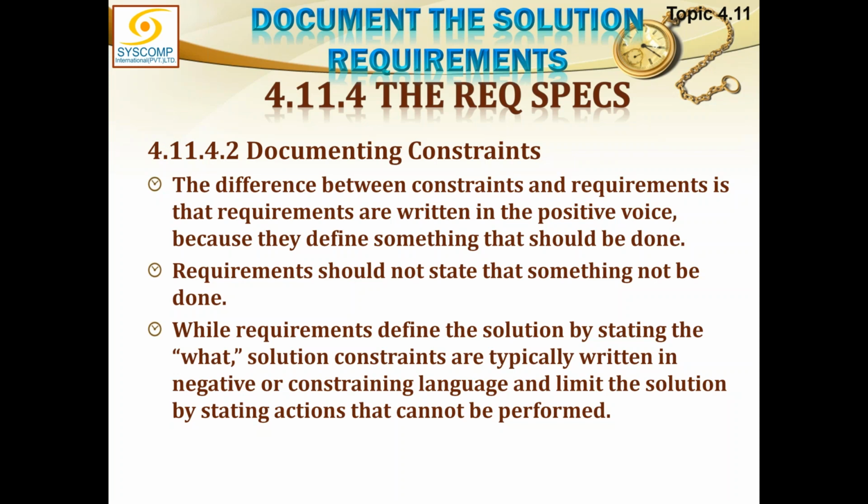Constraints are typically written in a negative or constraining language and limit the solution by stating actions that cannot be performed. So that is the difference between the requirement and a constraint. Constraint is a negative thing. It provides negation, whereas the requirement is positive.